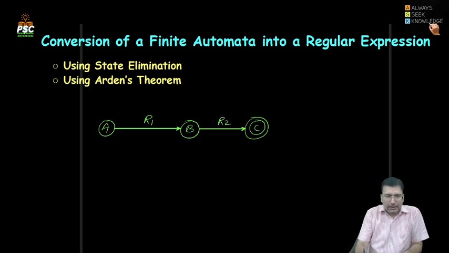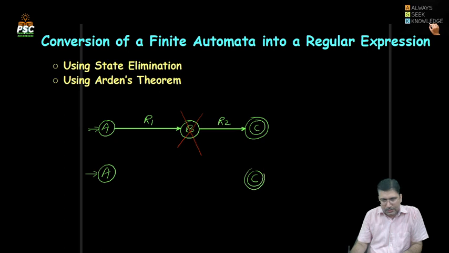Now if I want to eliminate or remove this state B, what regular expression will be written here? If we eliminate that, it will look like A, if A is, let's say, the initial state, and there'll be C. C was final, so it will still be final.